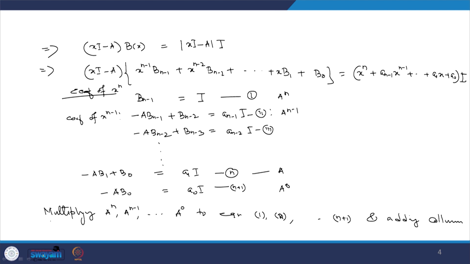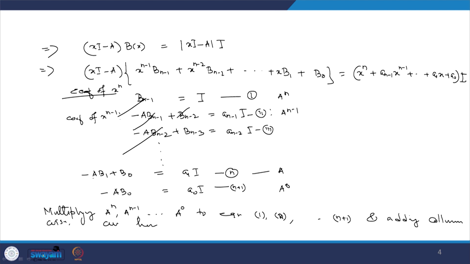column wise, what do we have? See, if I multiply this one by A to the power n, I am multiplying from the left side, please. So, I will have A to the power n B_n, and also A to the power n B_n. So, this will all cancel out, please.